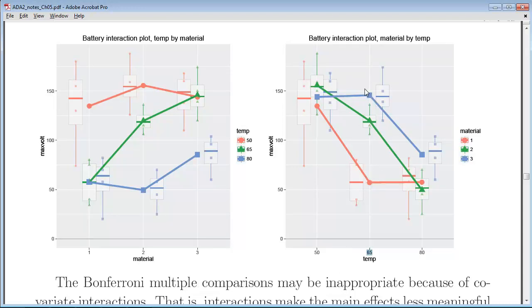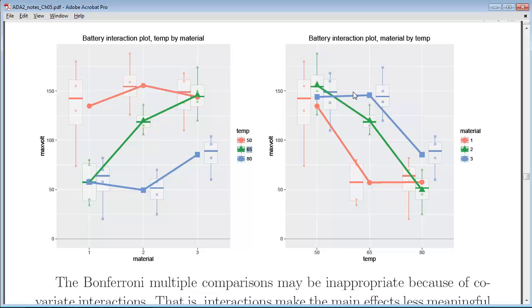That was the first conclusion we made. Temperature 65, another way to see that is temperature 65, that's the green one. The low, material 1 was different from the other two. So this green dot versus these two green triangles, they're all triangles.